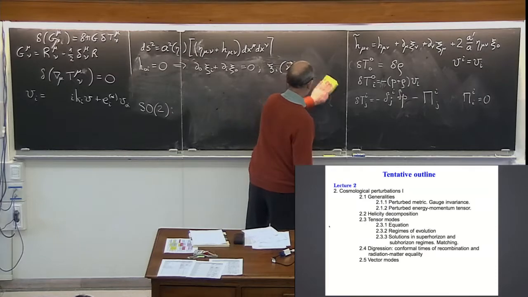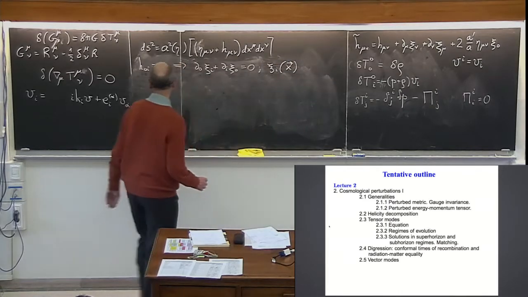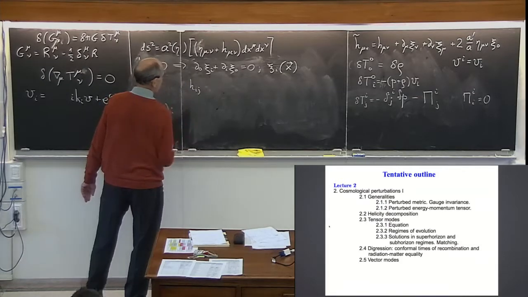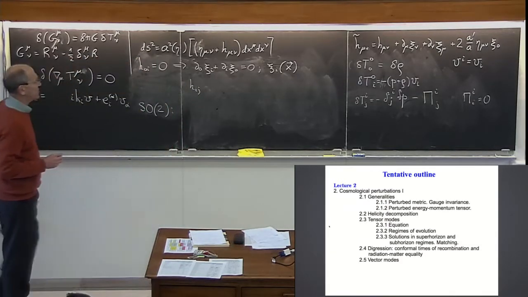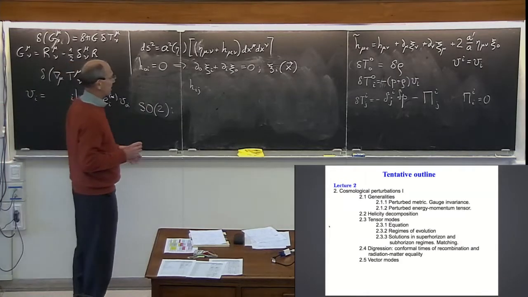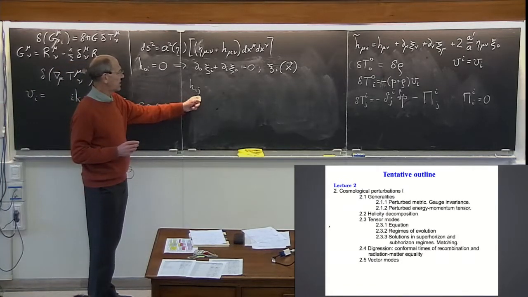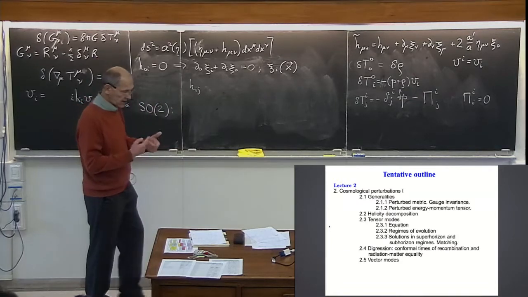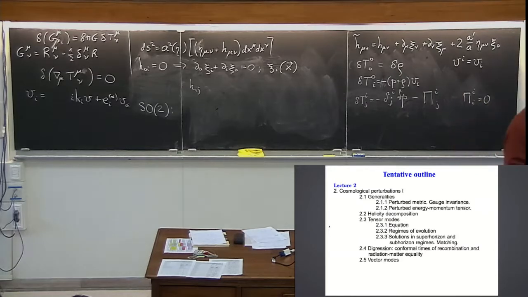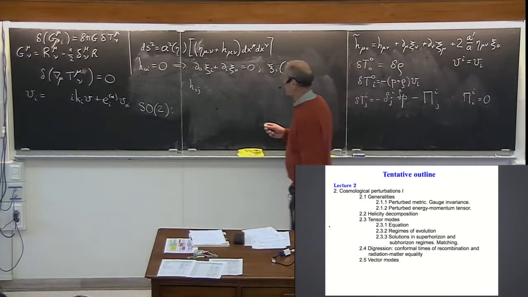Well, it's again straightforward, right? You have hij, and you decompose it into a scalar part. How can I construct a scalar part? I have to make these indices use quantities which, even though they have indices, nevertheless don't rotate around the momentum. And that's simple.